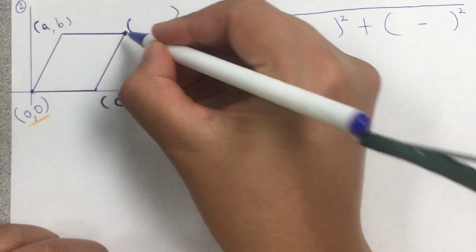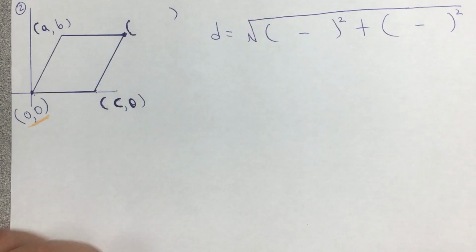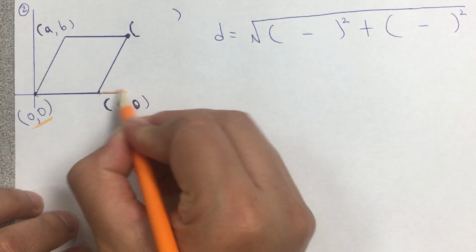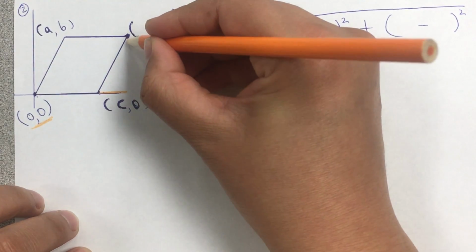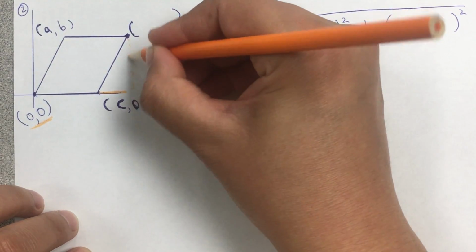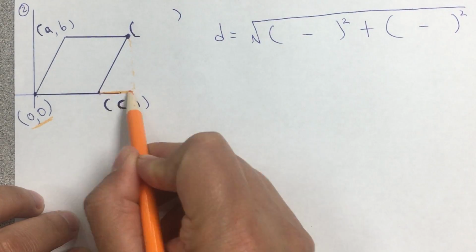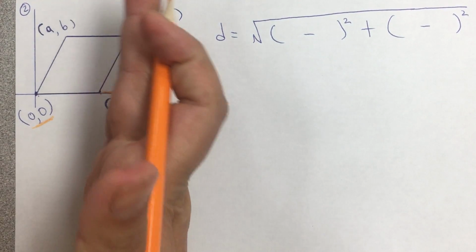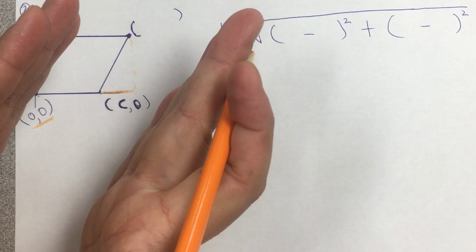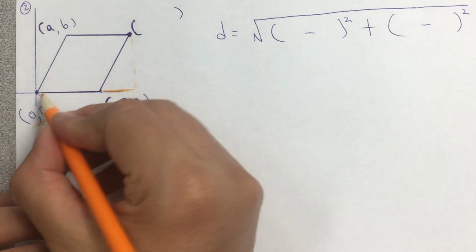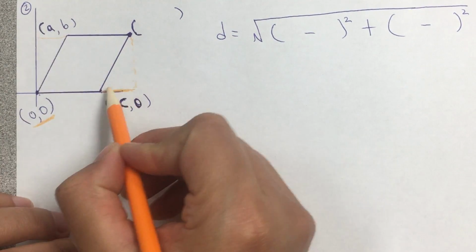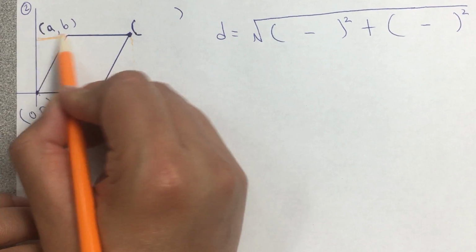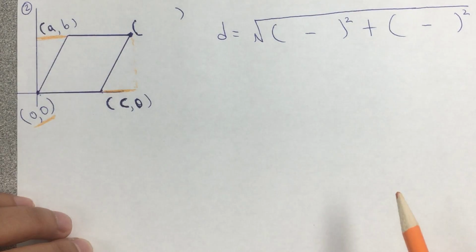But to get to this point, we need to add this extra section. It goes up like this. So how much is that section? If you notice, this figure is slanted with the same measurement from here to similar to this side right here.